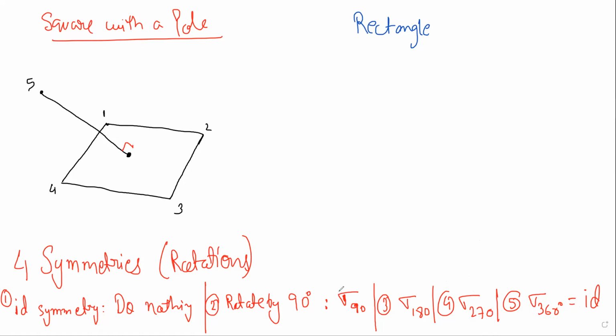Now you see what happens. The rectangle also has 4 symmetries, as we have seen just now.